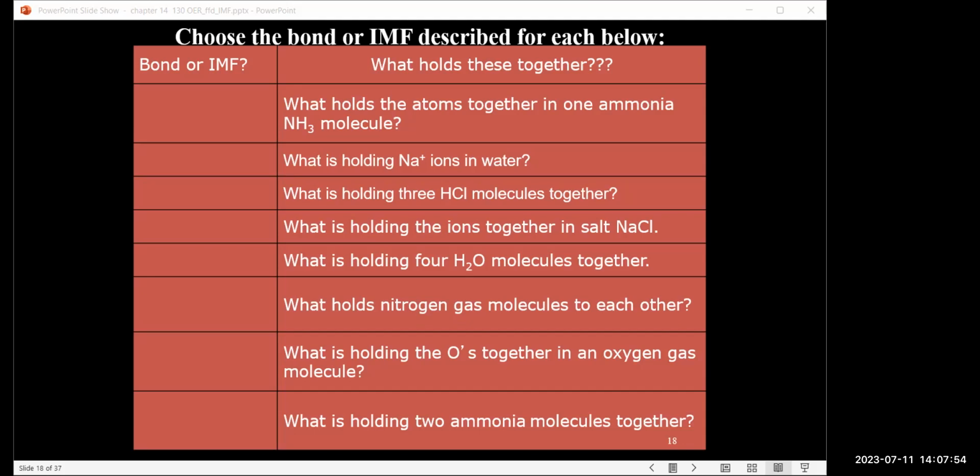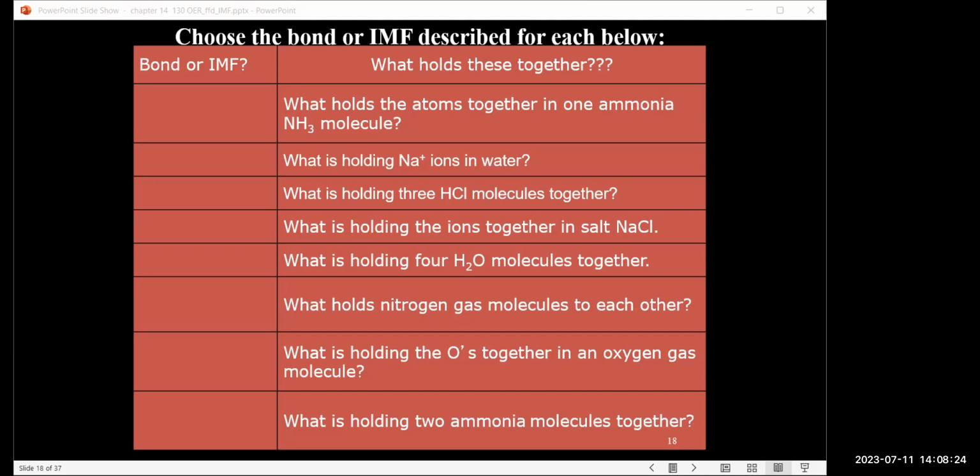Because you have 2 of the same element bonded together, there's equal pulling between the 2 as far as electronegativity, and the electrons are being shared equally. That means it's not a dipole, and therefore the only force associated with them is London dispersion forces.